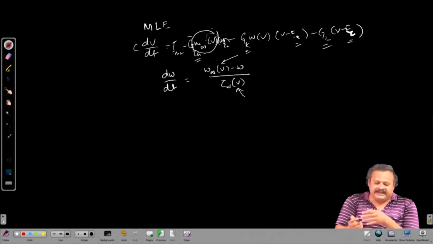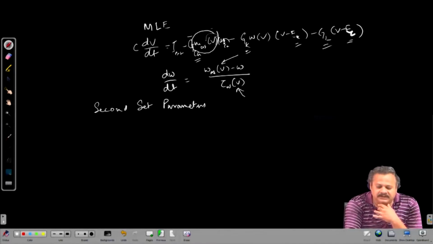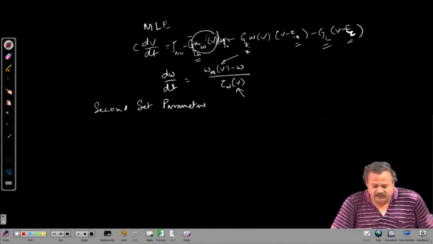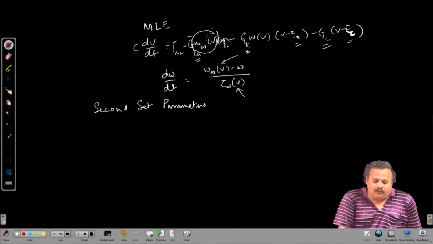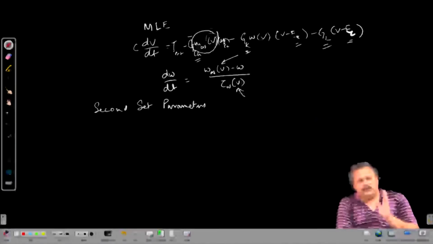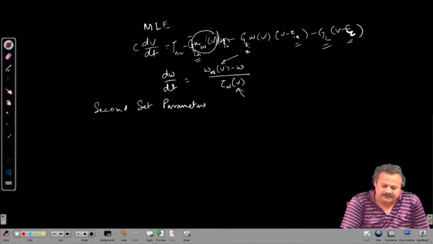So there is a second set of parameters for the Morris-Lecar equations, with g_k, g_l, E_l, E_k, and all the values, the capacitance and so on, for which we get a stable equilibrium point around minus 42 millivolts.